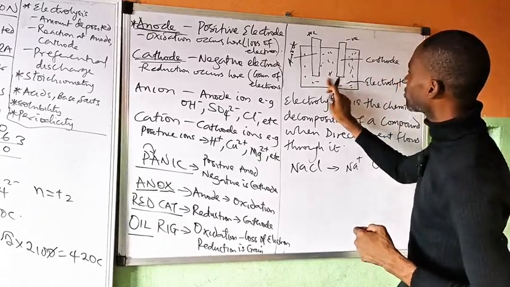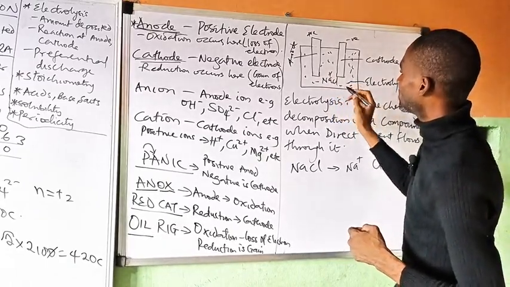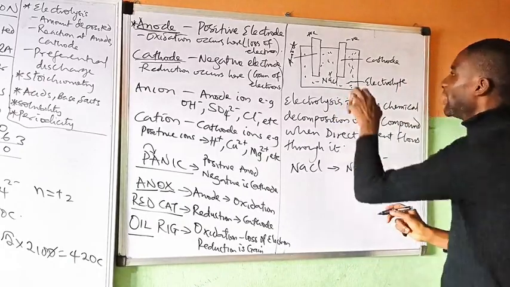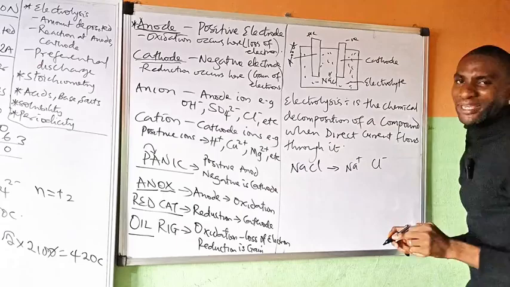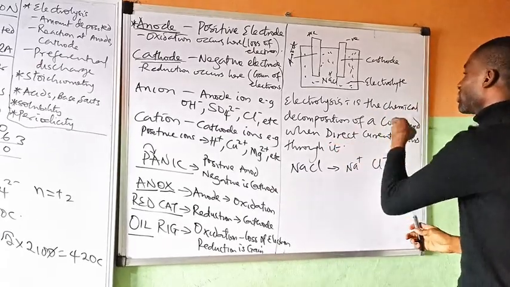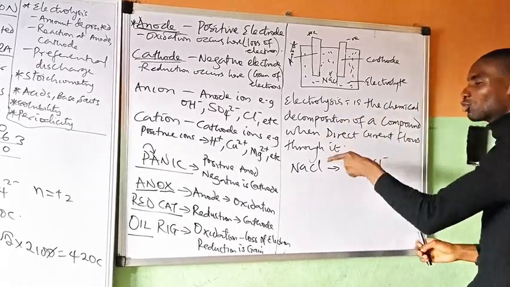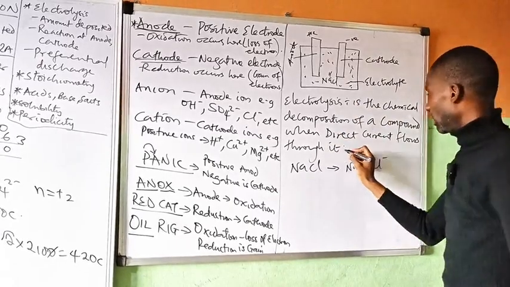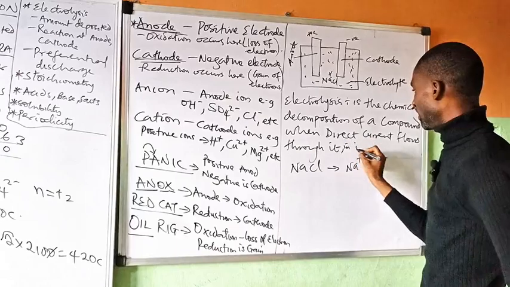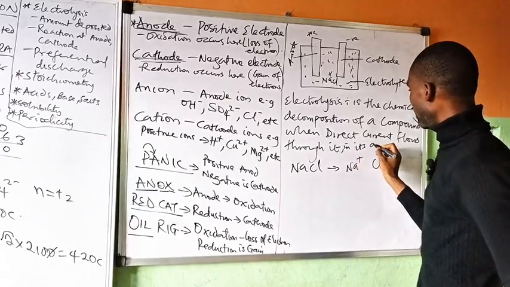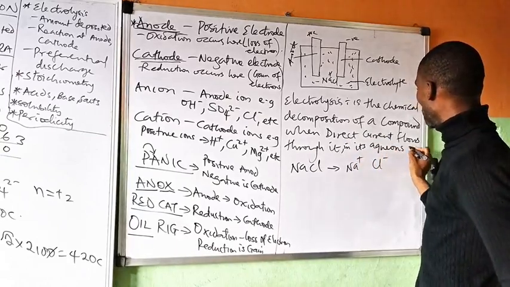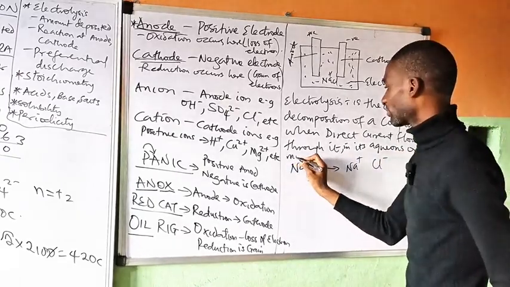And of course, I have sodium chloride inside here. Now, this definition is not yet complete. It's the chemical decomposition of a compound when direct current flows through it in its aqueous or molten state.